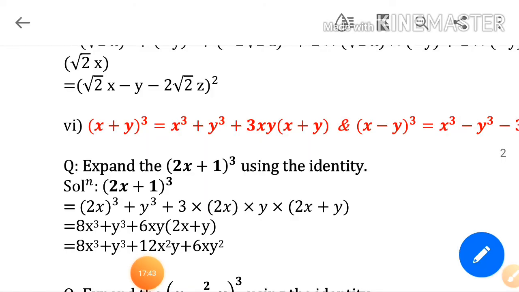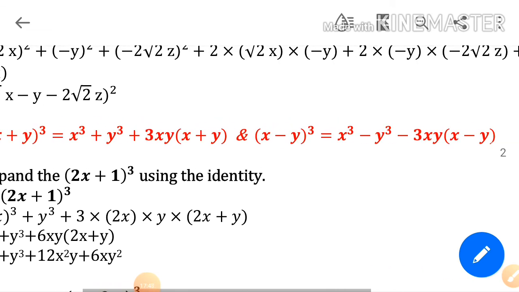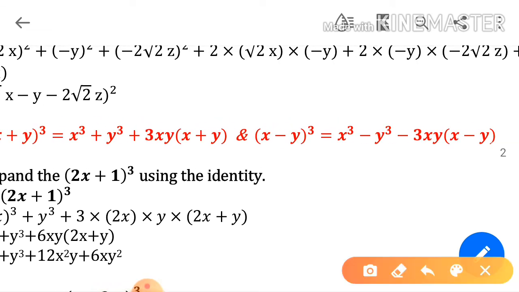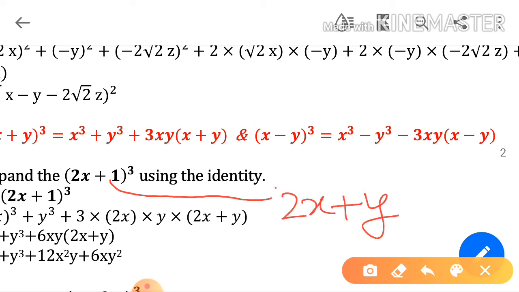Sorry, there is a slight typing mistake. This will be y, this will not be 1; this will be (2x + y)³. There is a slight typing mistake over there.